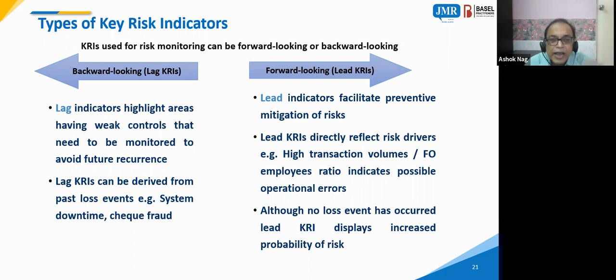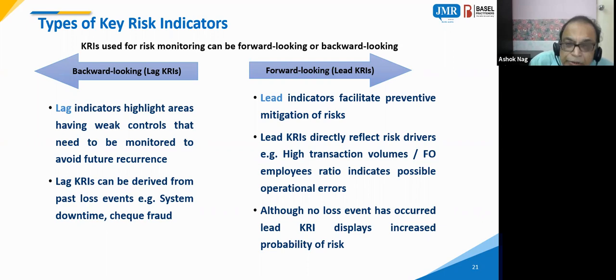Lag KRIs highlight areas where the controls are weak, where something has already happened; we can see that. But where are the forward-looking key indicators? Forward-looking indicators say that nothing has happened so far, but a high ratio of transaction volumes to number of employees could lead to something in the future. It can happen, so it is forward-looking, and you can take immediate action there.